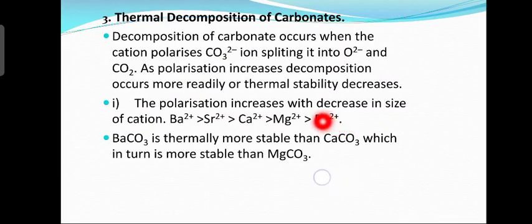Barium has the highest size. In the case of anions, polarizability increases with size, whereas in the case of cations, polarization increases as size decreases. Barium carbonate is thermally more stable than calcium carbonate, which in turn is more stable than magnesium carbonate.